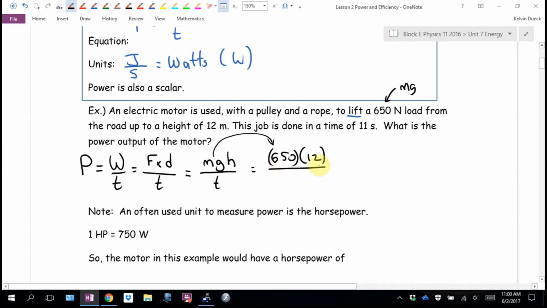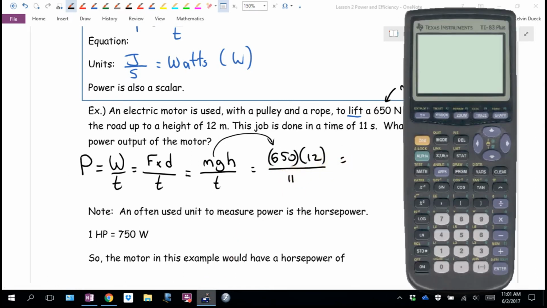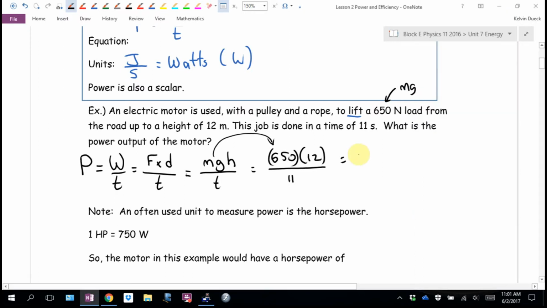Divided by, what's the time? 11 seconds. Okay. How many watts of power did this motor give us? What's the power output of the motor? I get 709.1, 709 watts.